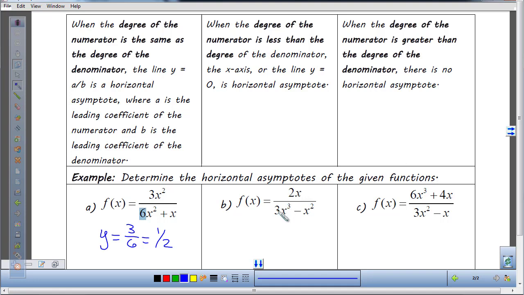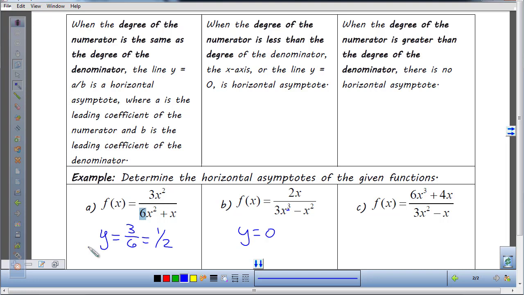The degree of the denominator is 3 because of the exponent here, the highest powered term. The rule says if the degree of the numerator, 1 here, is less than the degree of the denominator, 3 here, then the x-axis, or the line y equals 0, is our horizontal asymptote.